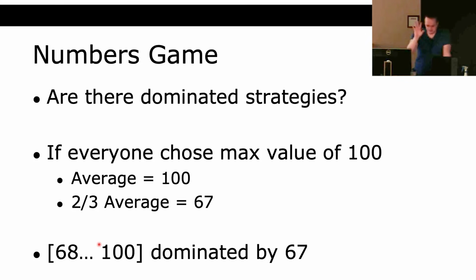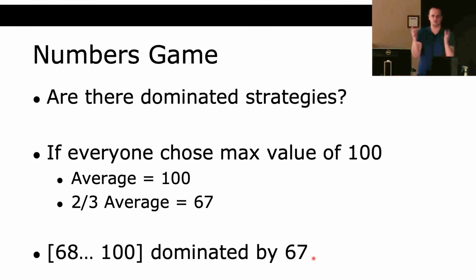Not only is 100 dominated by everything between 68 and 100, but everything between 68 and 100 is dominated by 67, right? So if anyone in the class chooses higher than 67, anyone else who chose 67 will, by definition, do better than that person, no matter what everyone else chose.